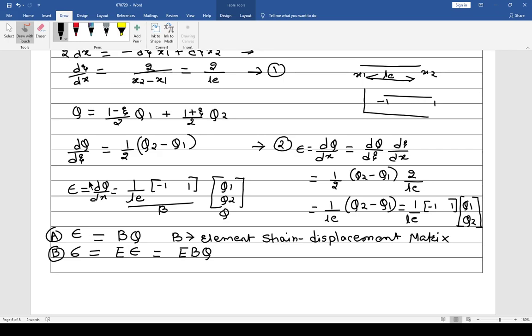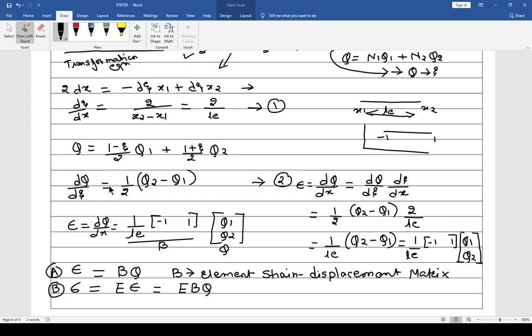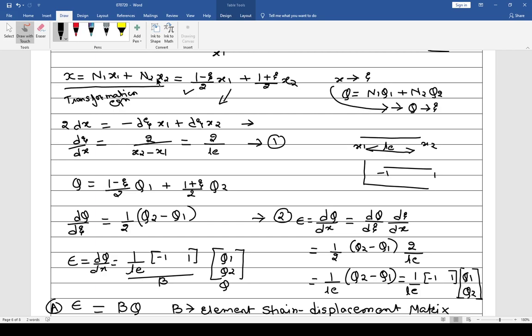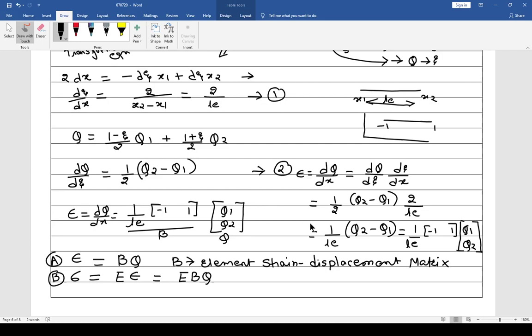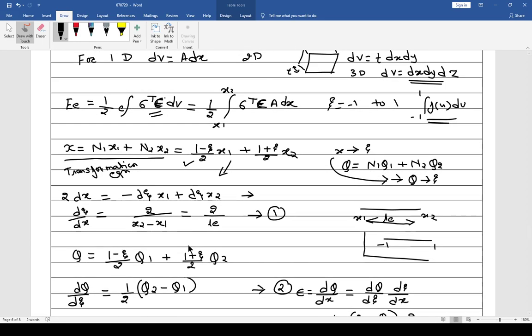Finding dq by dx is the ultimate aim. Throughout our subject we will form x equal to this equation, then q equal to this equation, then dq by d zeta and then dq by dx. Once we get the strain we find the stress. Once we know this we put it into the energy equation and derive the stiffness.